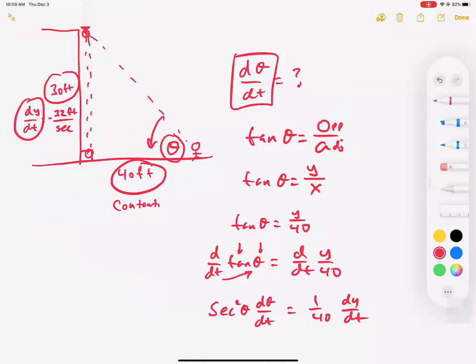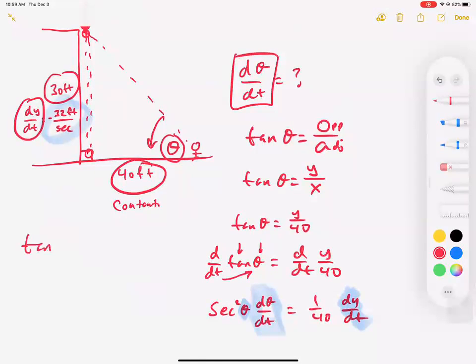All right, so let's see, what do we have? Do we have dy over dt? That was given. Do we have d theta over dt? Nope, that's what we're looking for. Now, please notice that I'm missing a value. I'm missing theta. So we have to actually go back and solve this equation.